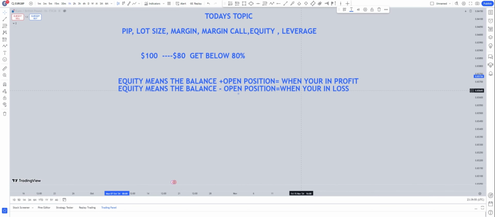Equity simply means balance plus open position when you're in profit, and balance minus open position when you are in loss. You understand better when you start trading. It's a very simple, very basic term that you most likely won't even be making use of, so it's just for you to have an idea of how it works.